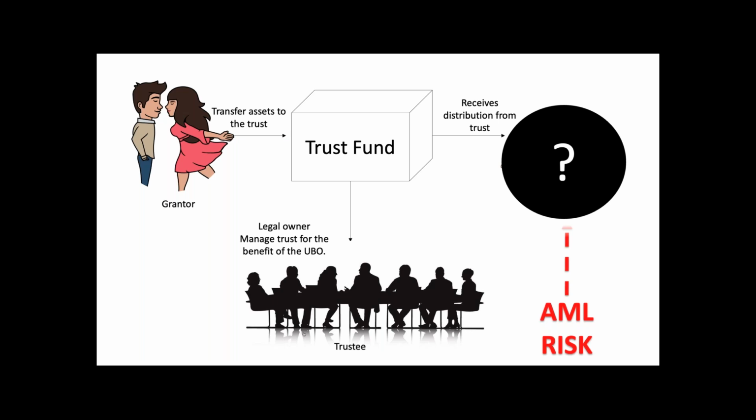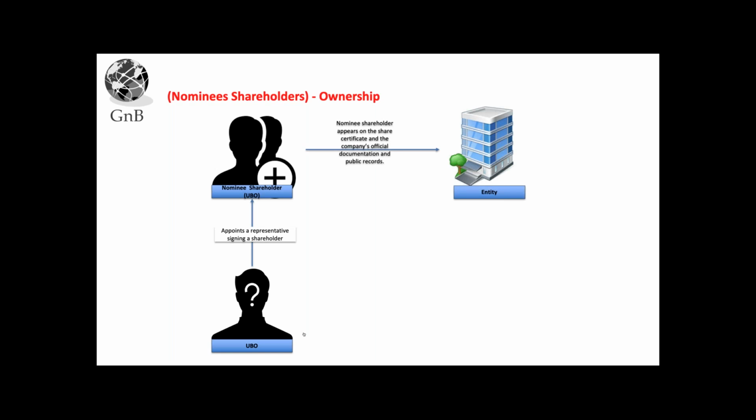Another one is nominee shareholders. Liken it to this: we have the original UBO, right? The UBO then appoints a representative as a shareholder. So they're called a nominee shareholder. They act on behalf of the UBO.